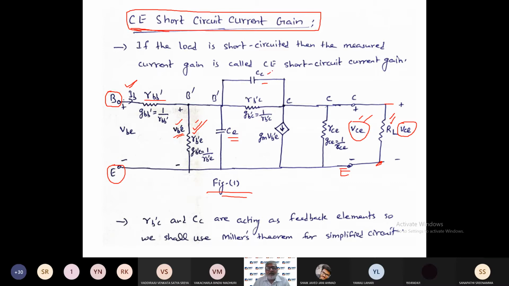Cc is the capacitance formed between virtual terminal B dash and collector, and RB dash C is the resistance formed between the virtual point and collector. So it is the same figure, the only thing I added here is RL.